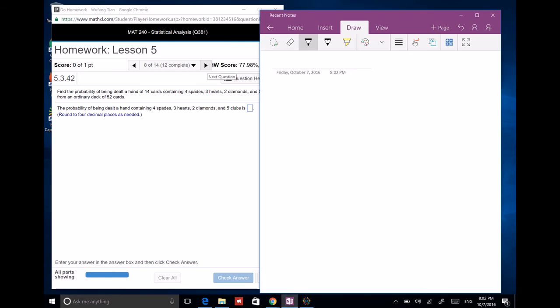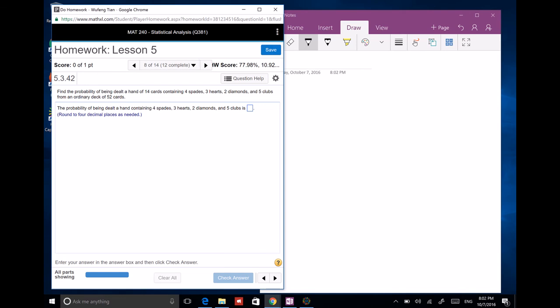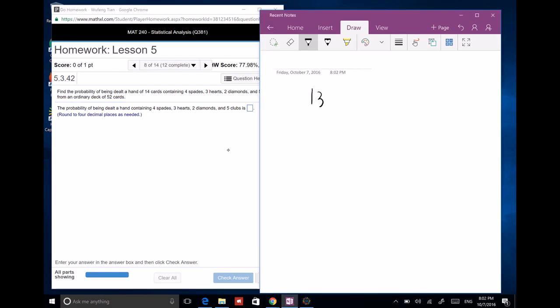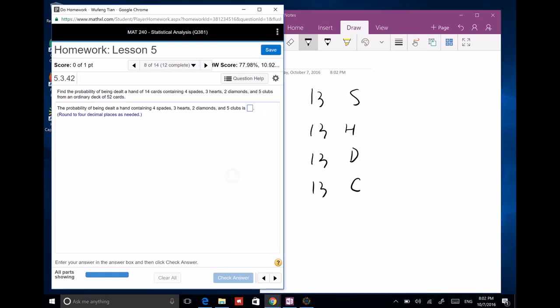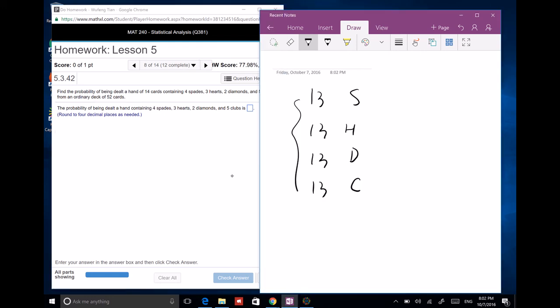Next one. Find the probability that a dealt hand of 14 cards contains 4 spades, 3 hearts, 2 diamonds, and 5 clubs. For each suit, we have 13 cards: 13 spades, 13 hearts, 13 diamonds, 13 clubs. Together it's 52.